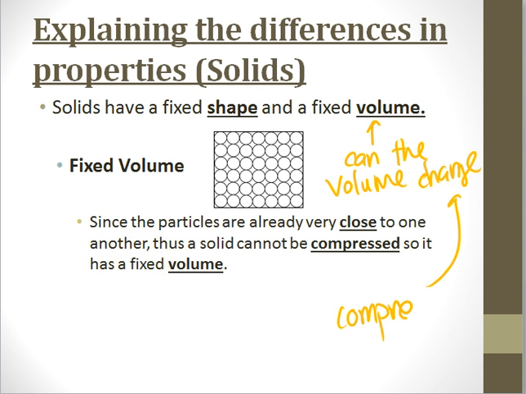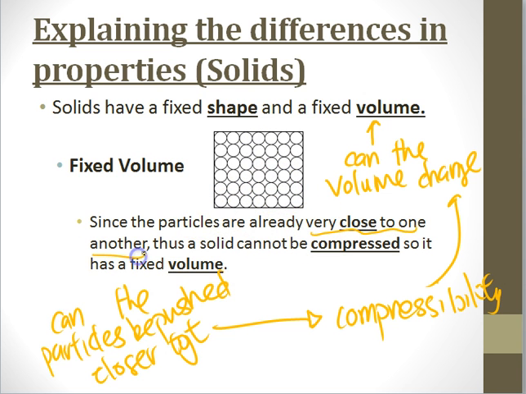Right? Can the particles be pushed closer together? Now, obviously think about it. The particles are already very close to one another. So can they be compressed anymore? No, they can't be compressed any further. Therefore, it has a fixed volume, because it cannot be compressed any further.